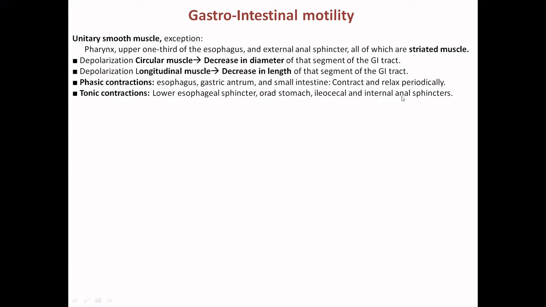So, what is a tonic contraction? There is a sustained contraction to maintain a continual muscular tension in the tonic contraction. That's why the sphincters have the character of the tonic contraction.